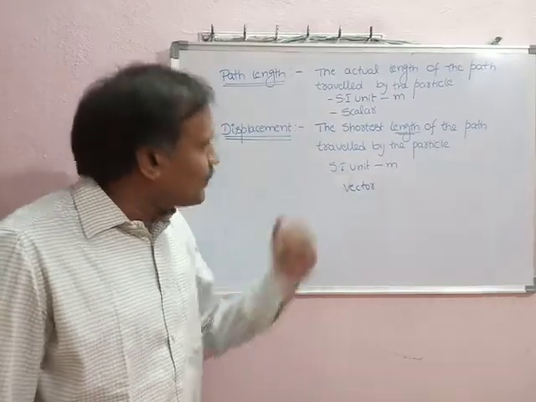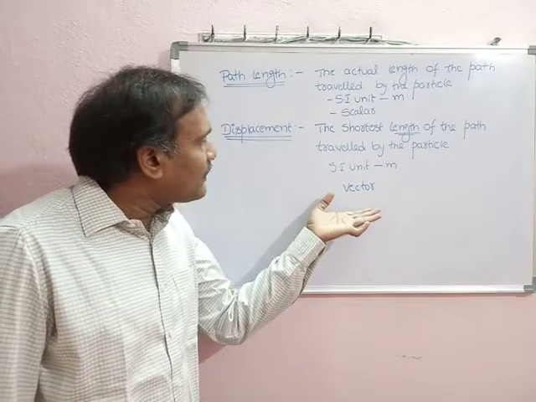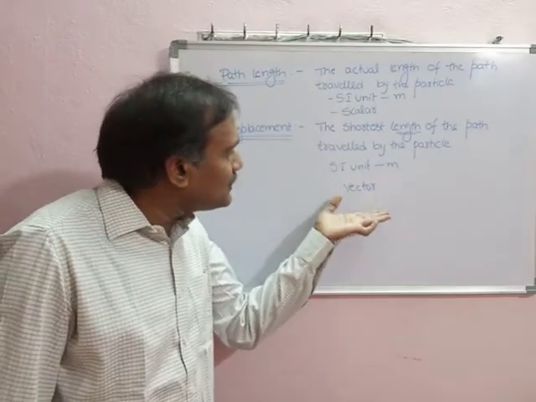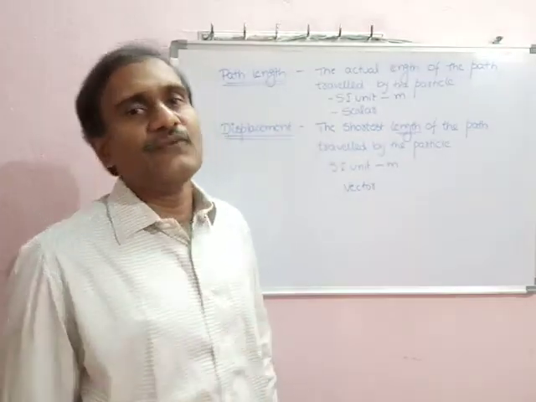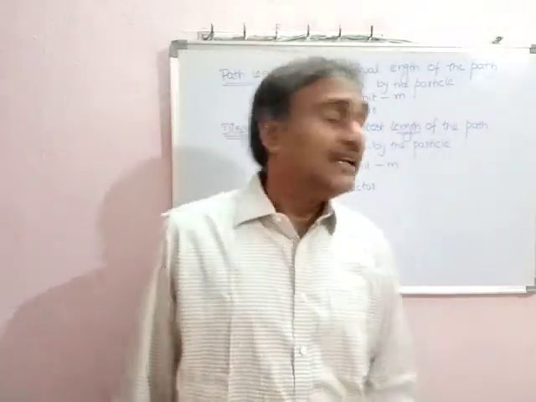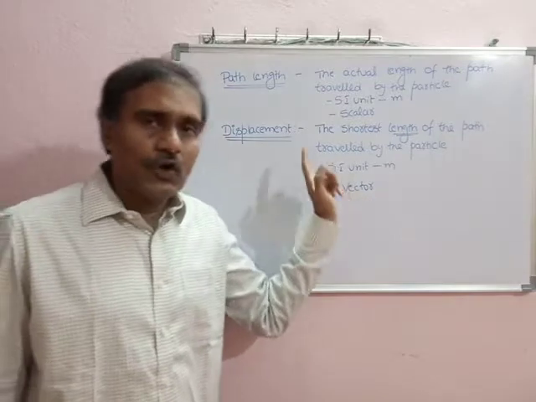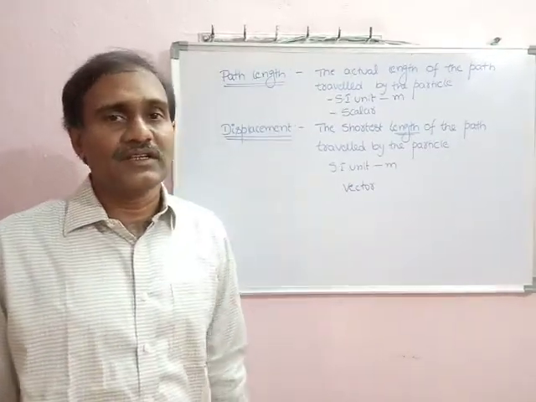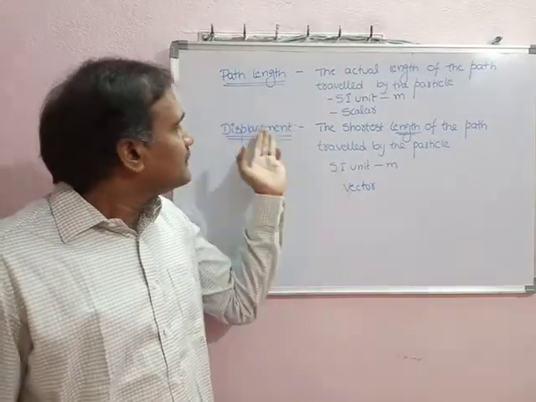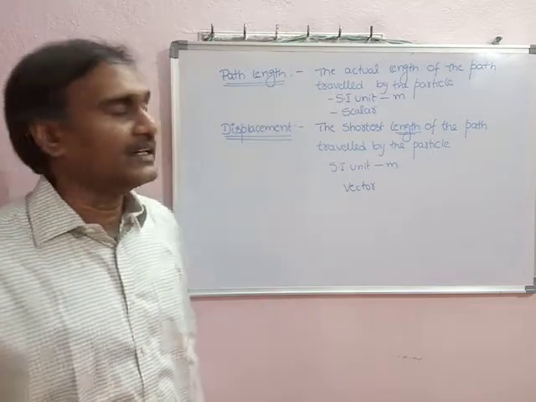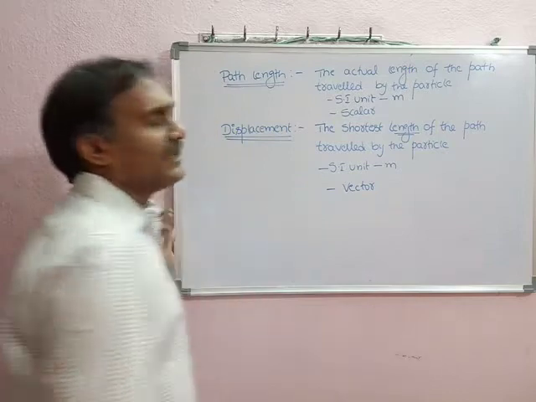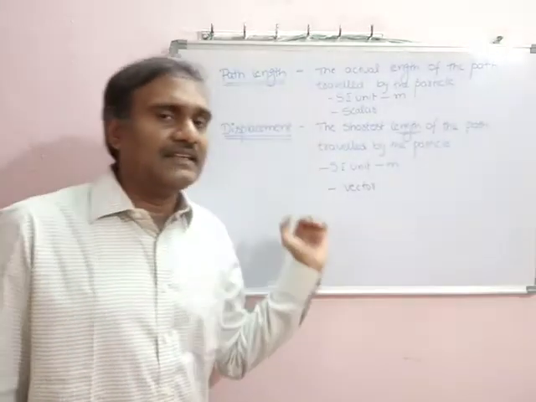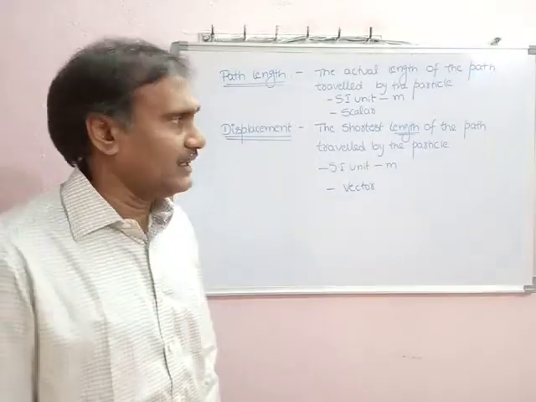It is a physical quantity which has both magnitude and direction and also obeys the laws of vector addition. Displacement obeys the laws of vector addition. That's why displacement is a vector quantity, but path length is a scalar quantity.